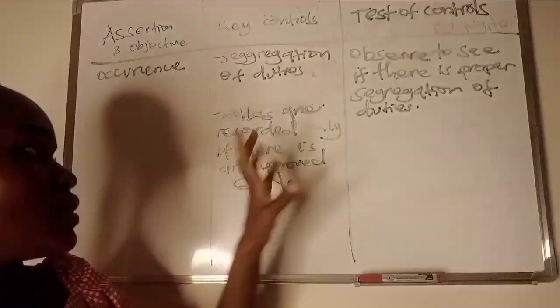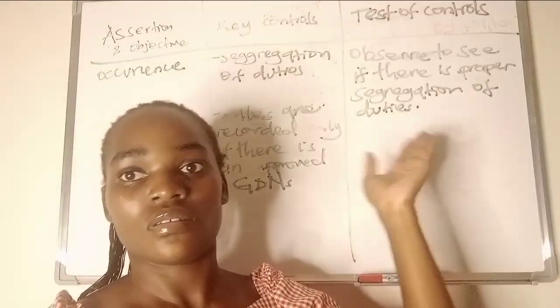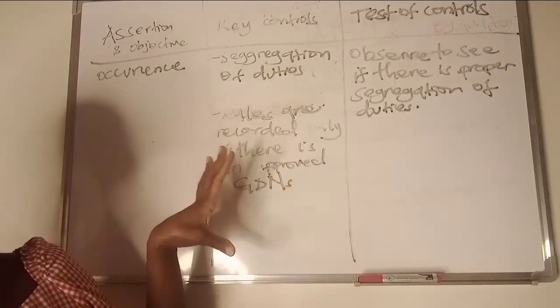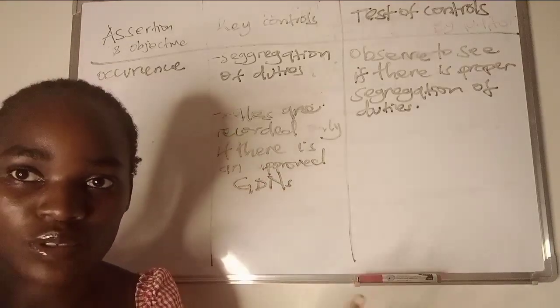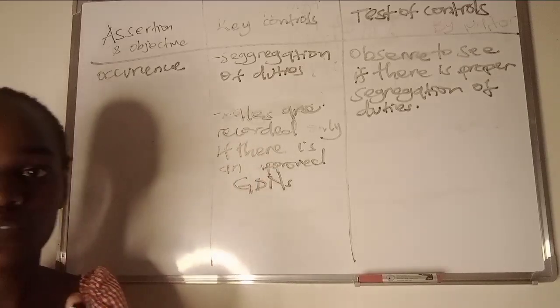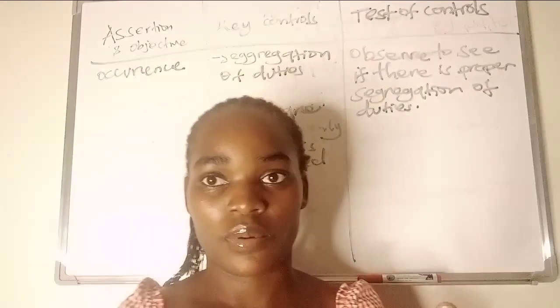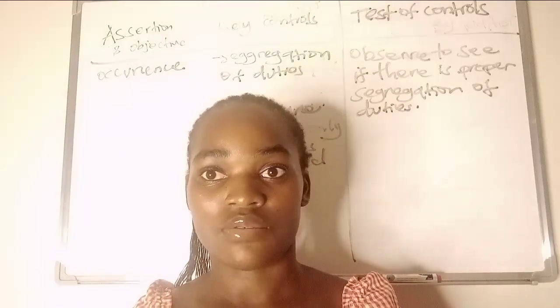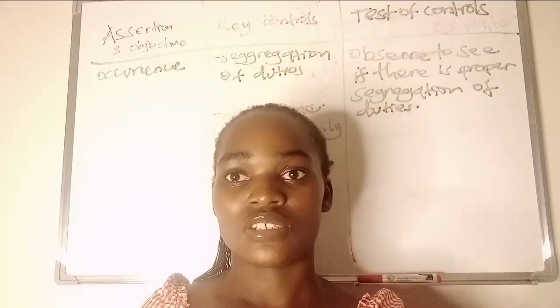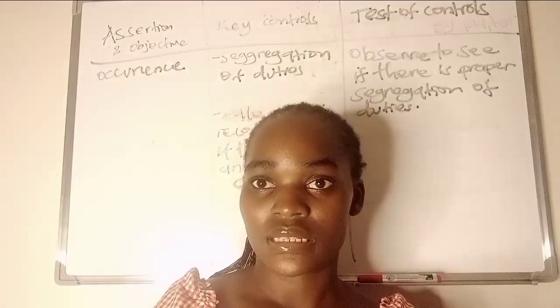So what test can the auditors do to confirm if it's really functioning the way it's supposed to function? Here, the auditor is supposed to select a sample of sales that were recorded in the financial statements and then match it with supporting documents.